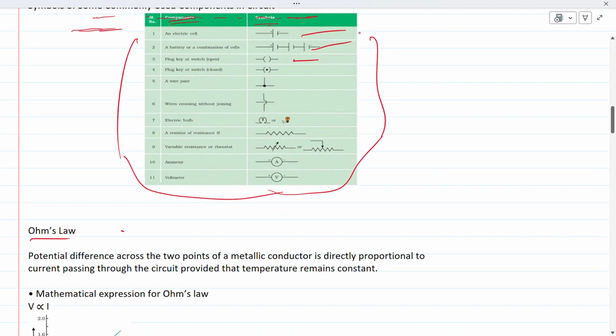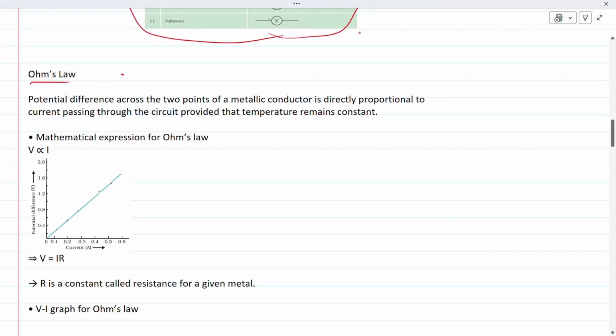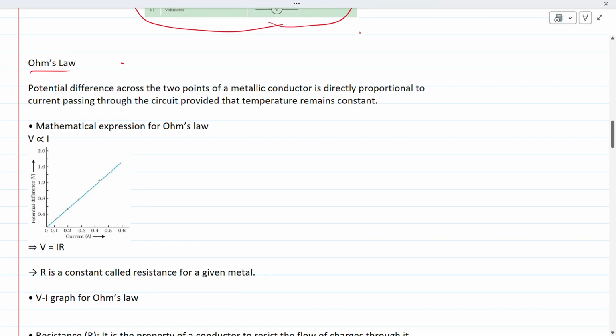So let's move to the very first and very important topic of the electricity chapter, that is Ohm's law. In Ohm's law, V is directly proportional to I. This is the fundamental concept of this law. Potential difference across the two points of a metallic conductor is directly proportional to the current passing through the circuit, provided that temperature remains constant.